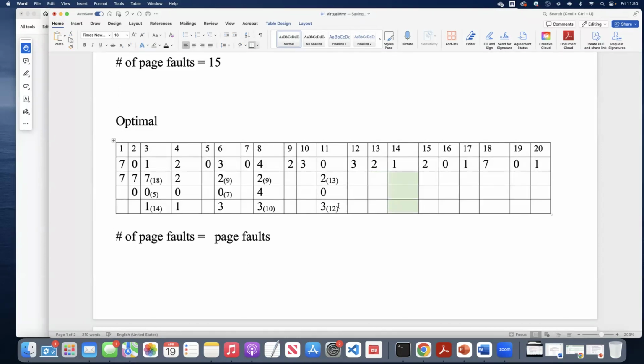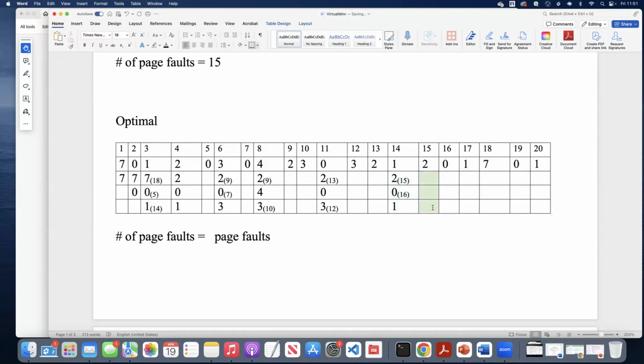And then page 1. Page 1 is not in the memory. We have a page fault, need a page replacement. Page 2 will be accessed at time 15. Page 0 will be accessed at time 16. And page 3 will not be needed in the future. So page 3 is the victim page. We use page 1 to replace page 3.